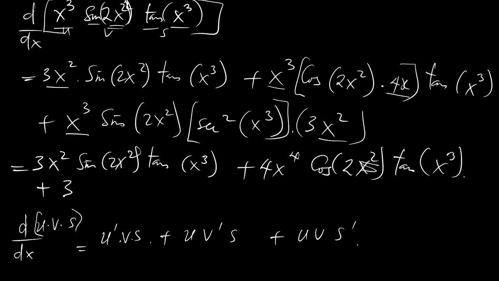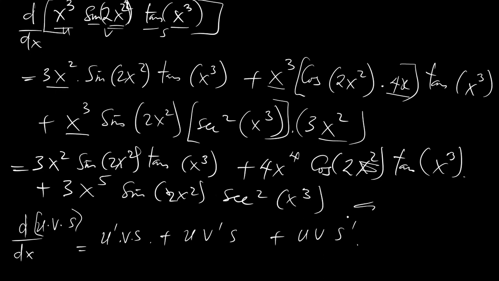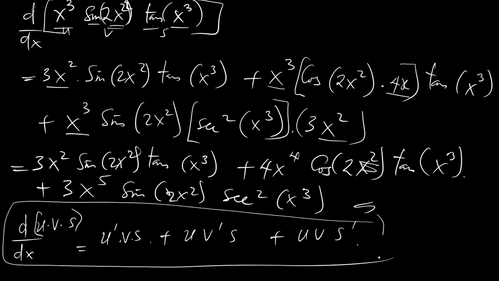You have 3x to the power 5 sine 2x squared sec square x cubed. So this is the final answer to this particular problem. Now let's go to another one.